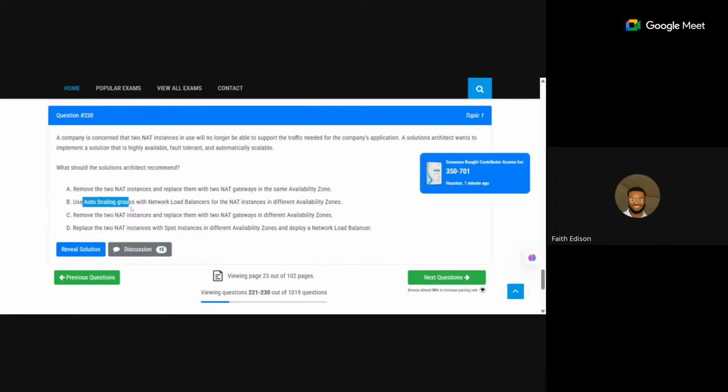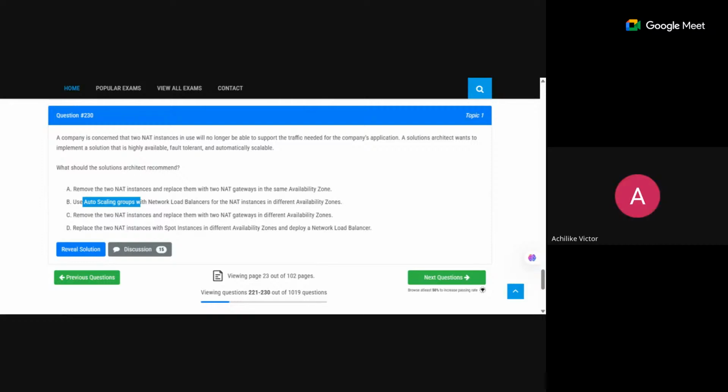I don't know how auto scaling will scale for NAT instances in different AZs, because auto scaling groups are deployed per AZ.